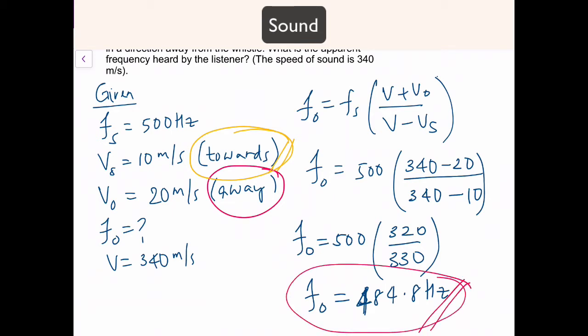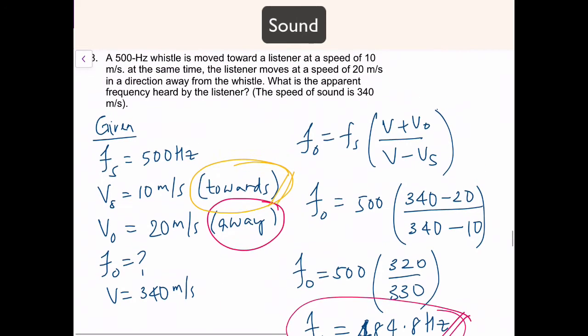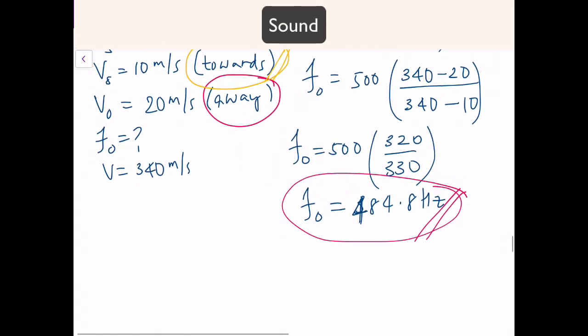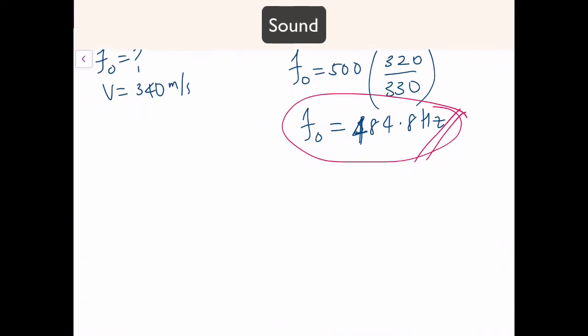Which is less than 500 because the listener moves away at a faster rate than the source is approaching him, so the apparent frequency will be less.